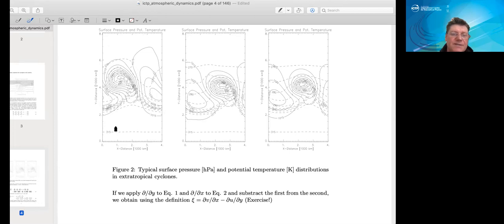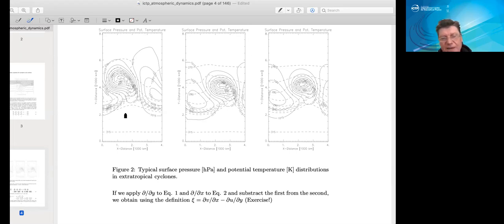And by doing this, they generate perturbation energy, that could be both kinetic and also potential energy, from this reservoir of mean energy. The energetics related to this we will discuss in a few lectures.